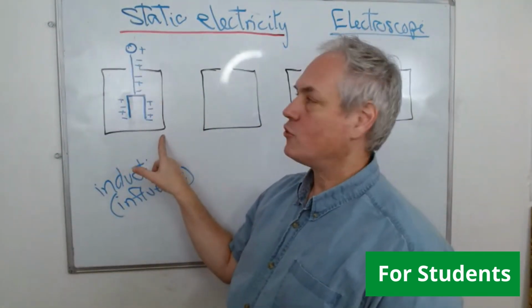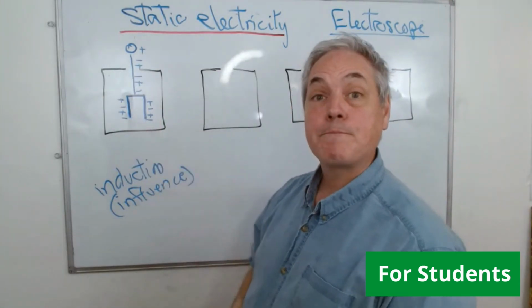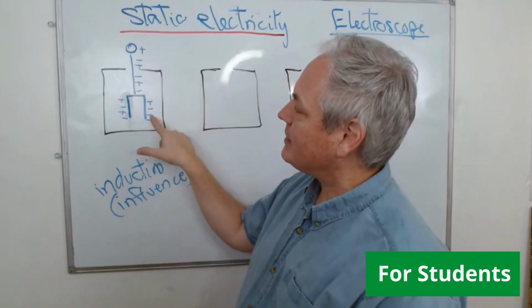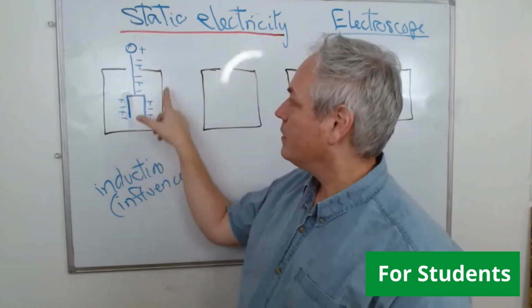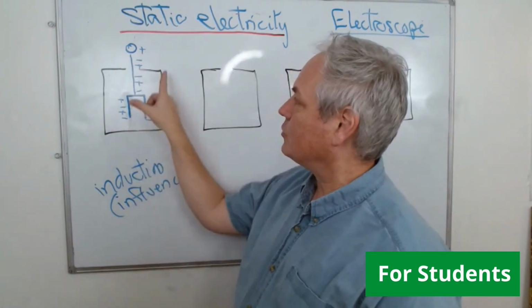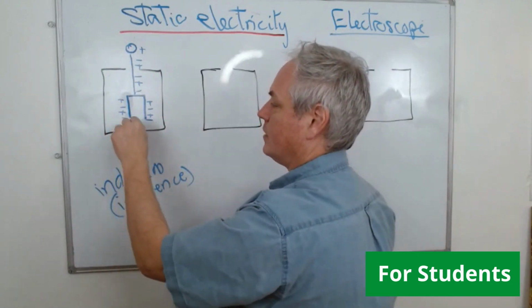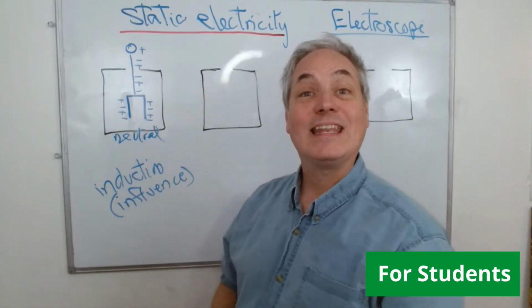We have a neutral electroscope. What does that mean? That means that we have as many negatively charged particles and positively charged particles, in which case we have a neutral. It's not positive and it's not negative.